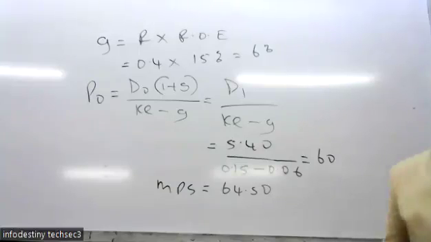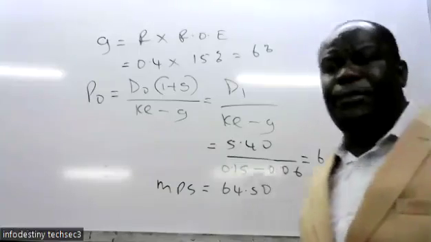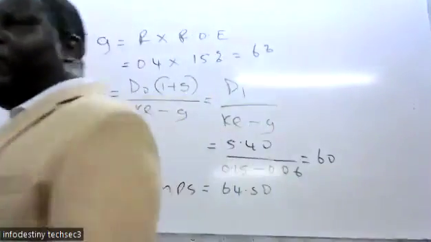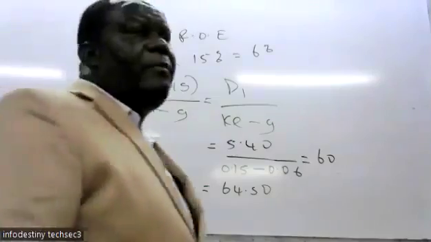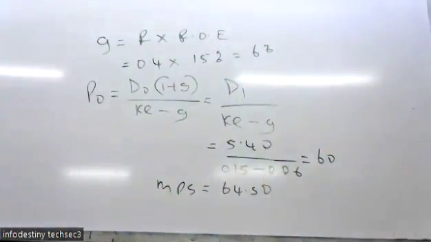Because it is overvalued, you sell the security. When the security is overvalued by the market forces, you sell. So the comment there is that the security is overvalued by the market forces and therefore sell the share.